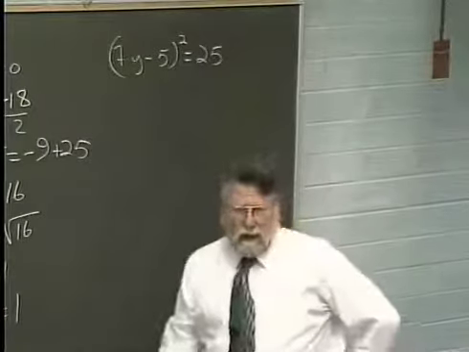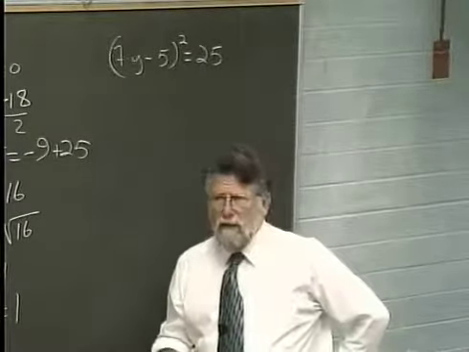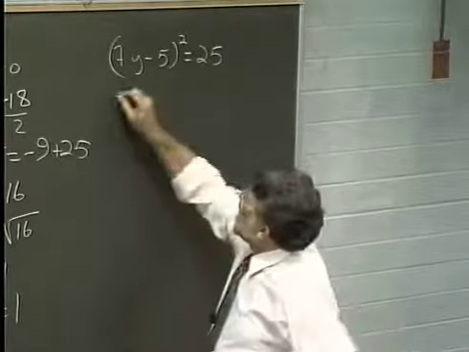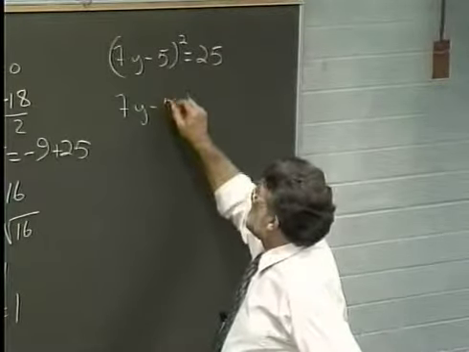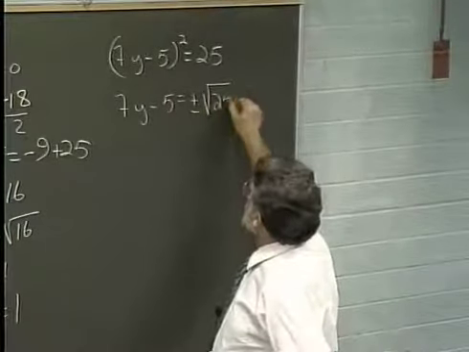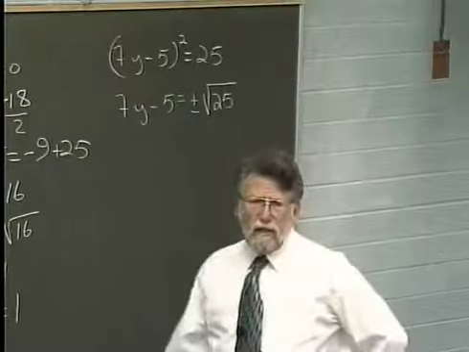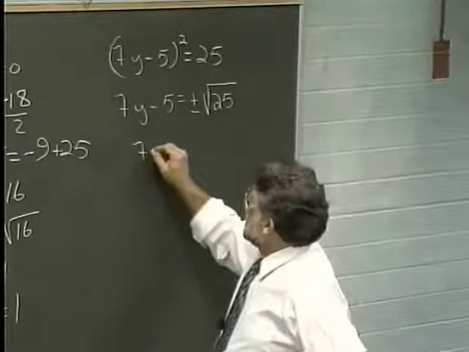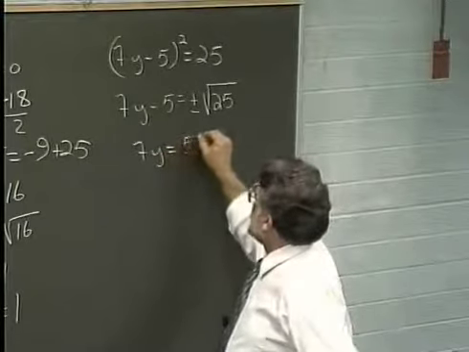Now, there needs to be some intermediate step here. You could just about do these in your head at this point if you see the shortcut. But it's a little bit better to say 7y minus 5 equals plus or minus the square root of 25. I'd like you to have that as an intermediate step. Now, at this point, 7y is equal to 5 plus or minus 5.